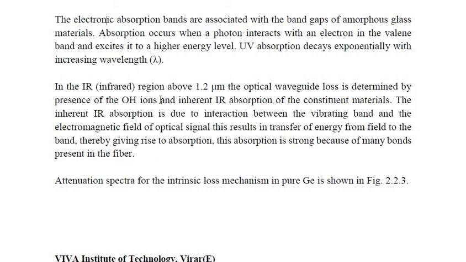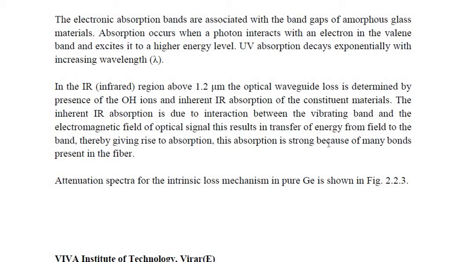In the infrared region above 1.2 micrometer, the optical waveguide loss is determined by the presence of OH ions and inherent IR absorption of the constituent material. The inherent IR absorption is due to interaction between the vibrating bond and the electromagnetic field of the optical signal.